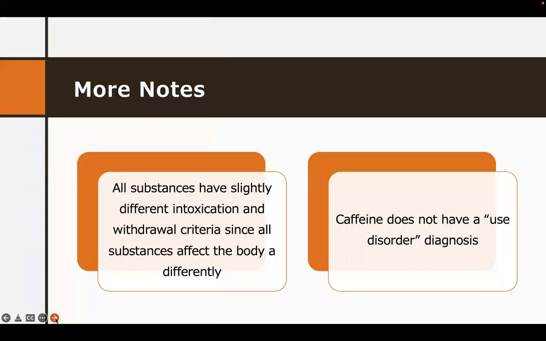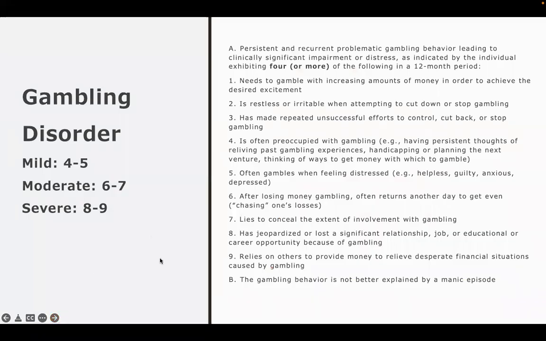Like I said, all substances have slightly different intoxication and withdrawal criteria since all substances affect the body in a different way. And as I said, caffeine is the only one that does not have a use disorder diagnosis. Then moving to a process addiction or behavioral addiction, the only one included in the DSM-5 is gambling disorder.